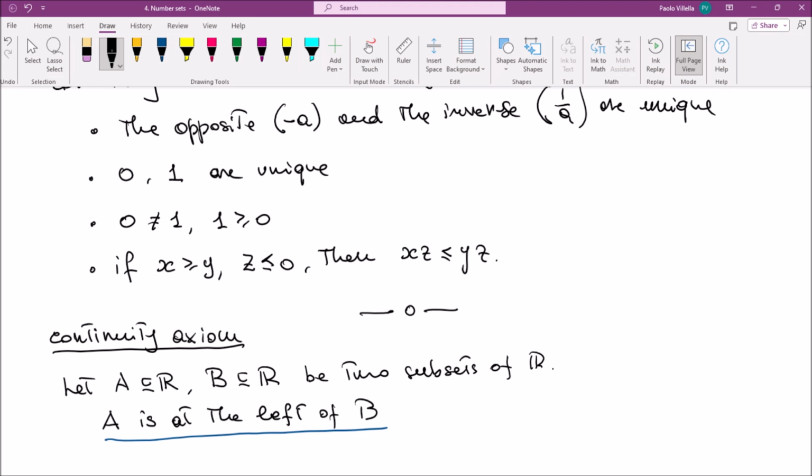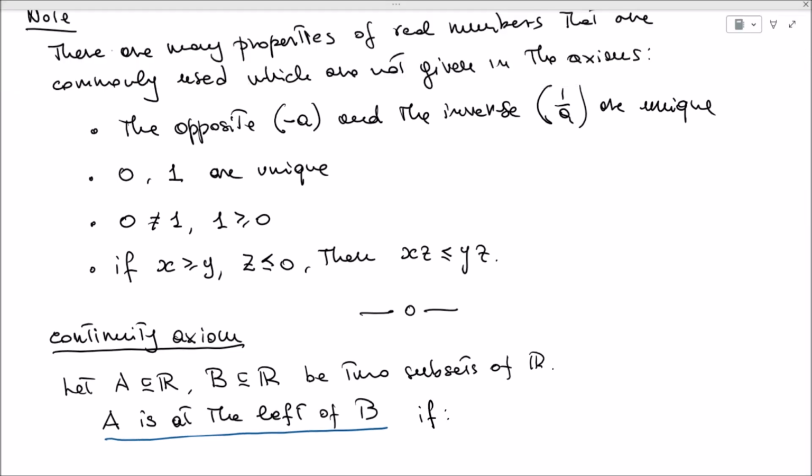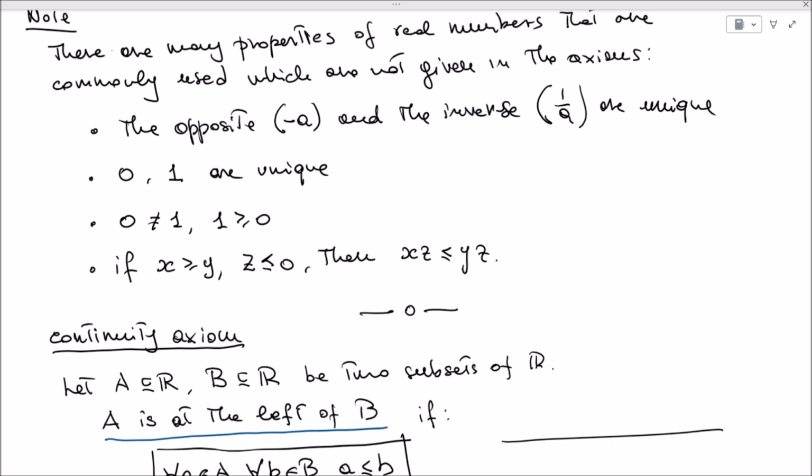If the following happens: for every a that belongs to A and for every b that belongs to B, it is a less than or equal to b. So this is the fundamental property that characterizes the fact that A is at the left of B. So let's make a drawing here.